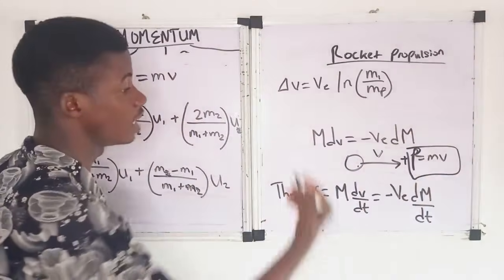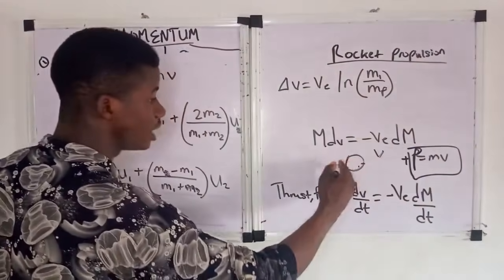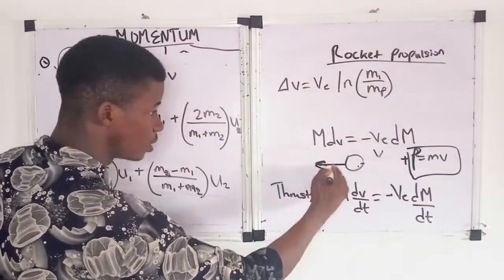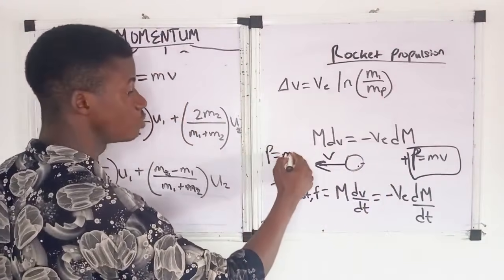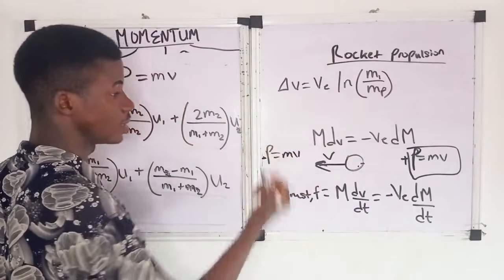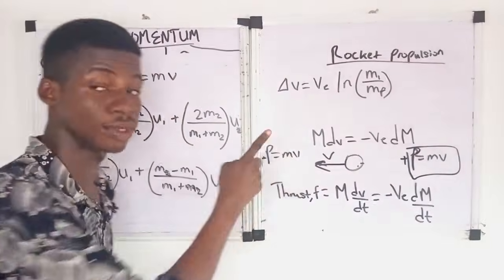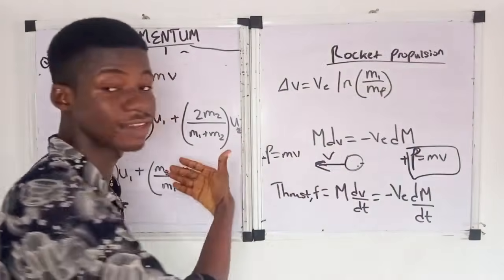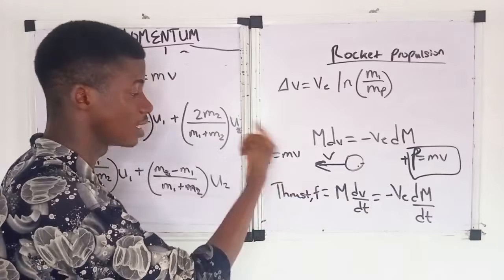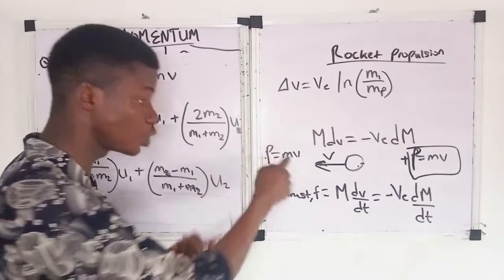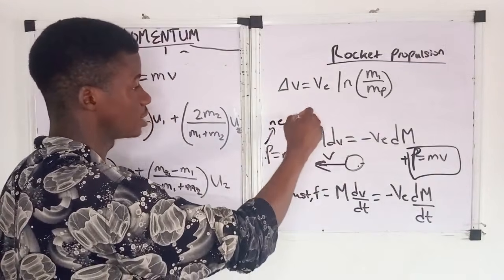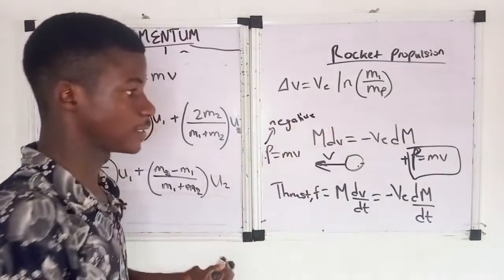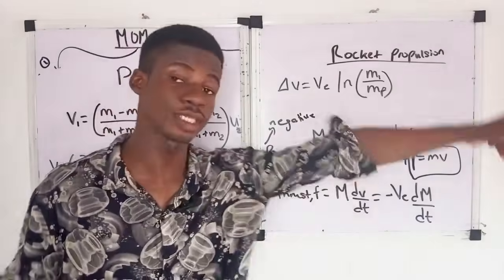Now, what if the body is moving in the negative S direction? Therefore, the momentum will be negative, because of the velocity. Because it is moving in the negative S direction, the velocity will be negative. Therefore, the momentum will be negative.